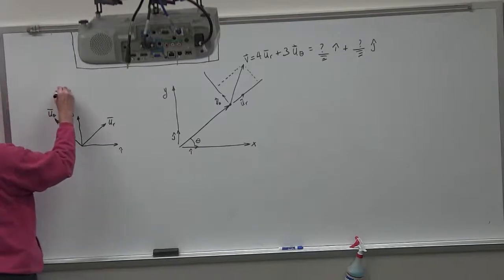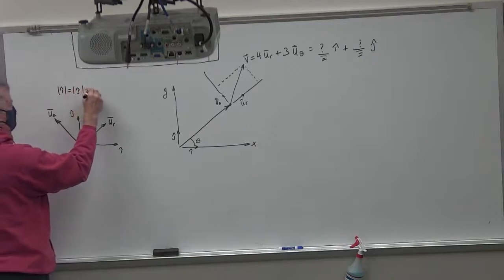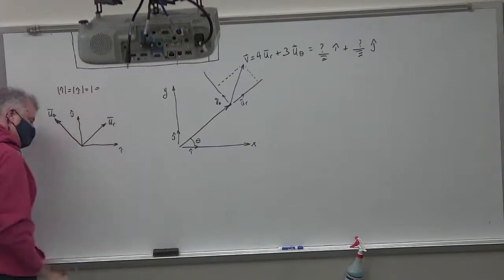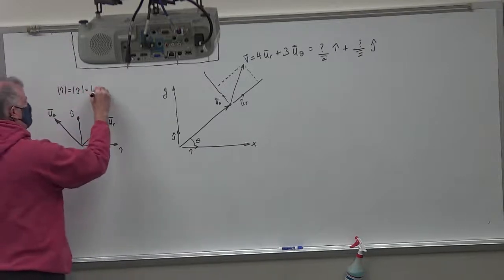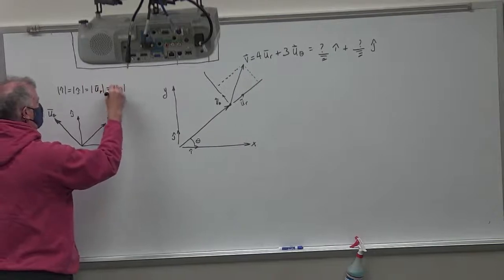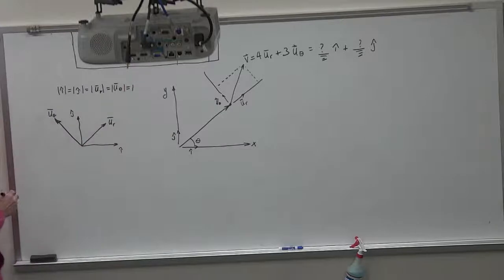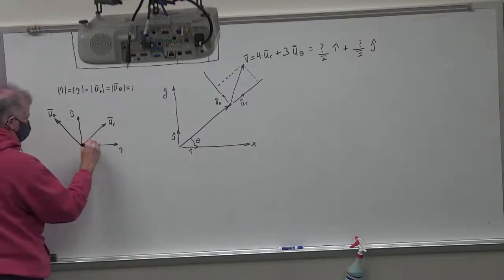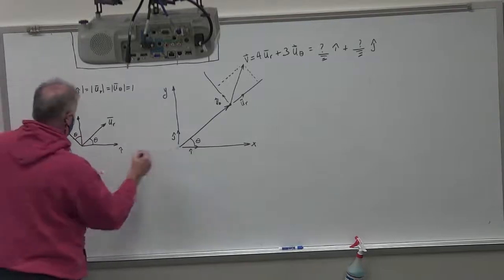One of the things about it, the length of i is the same as the length of j, it's the same as the length of e, and I keep wanting to use e's because that's more standard. Those are all equal to 1, so they're all base vectors.